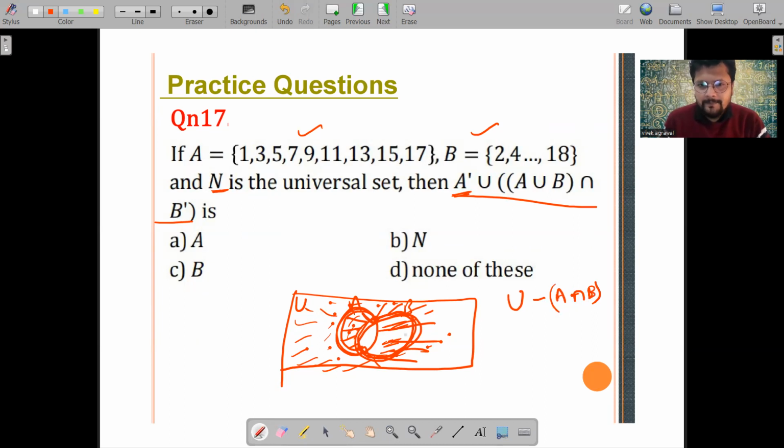I have to take all other portions except this A intersection B. So that is nothing but U minus A intersection B. And because there is nothing in A intersection B, this will be U itself, the universal set, and that universal set is natural numbers.